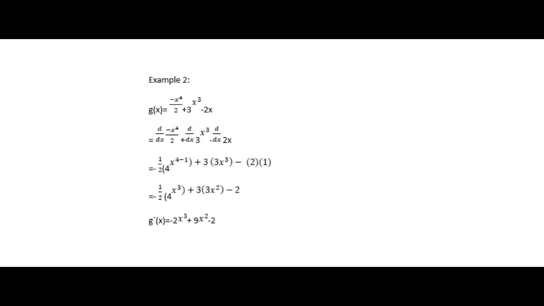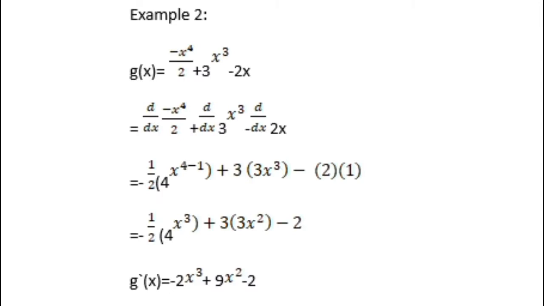So let's proceed to the second example. P of x equals negative x raised to the power of 4 over 2 plus 3x cubed minus 2x.